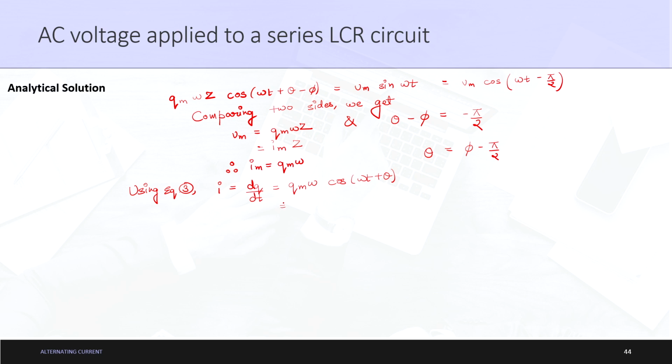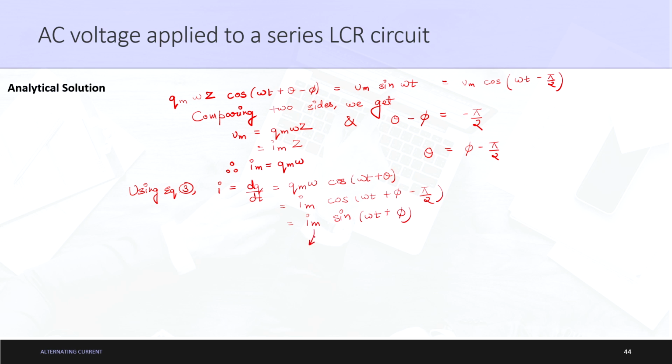In the place of q m omega, I can write I m, and in the place of theta, I can write phi minus pi by 2, and hence this can also be written as I m sin of omega t plus phi. I hope this is clear to you, how I am obtaining everything here.